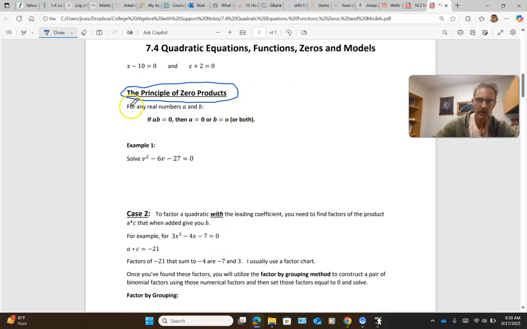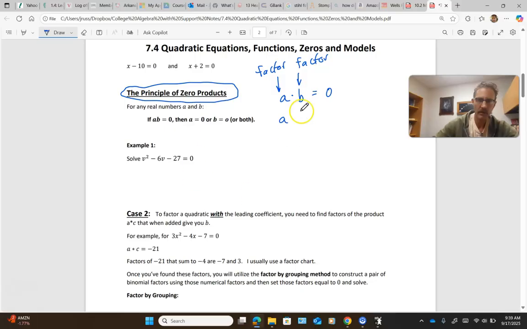The principle of zero products says that if you have a product, remember product means multiplication. So in other words, if two things that are being multiplied equal 0, then we can infer from that that either the first factor, and by the way, each of these pieces is a factor. The factors are the pieces that you multiply together to get the product.